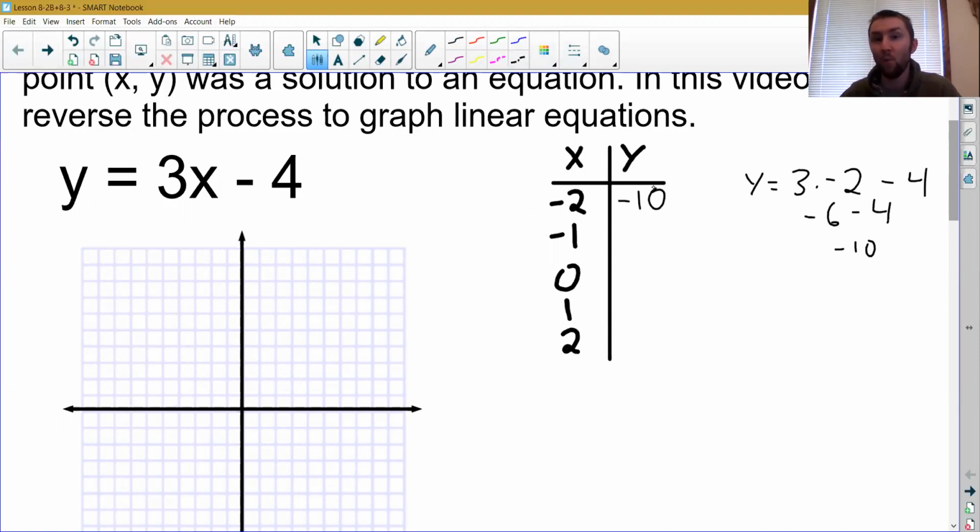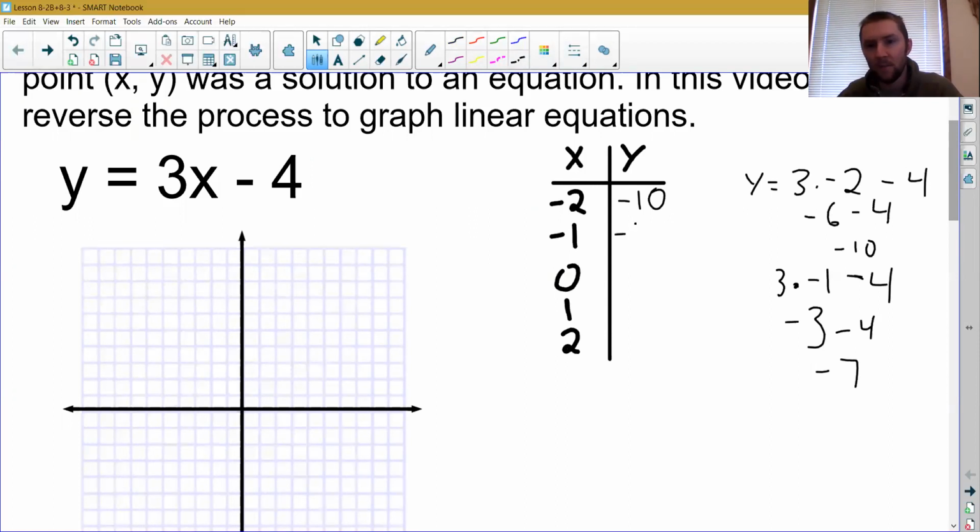That creates one of my coordinate points, -2 for x, -10 for y. If I do the same thing with -1, I do 3 times -1, take away 4 more. Of course, I do my multiplying first. Remember, order of operations says I multiply by 3 first. That makes -3. Take away 4 more, and I get -7.